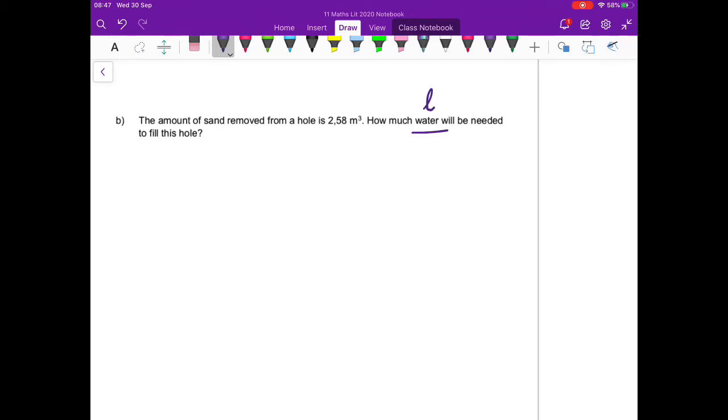Again, I'm going to use 1 centimeter cubed to 1 milliliter equals, I must have centimeters cubed to milliliters. And if I look at my question, I have meters cubed, so I've got 2,58, not centimeters cubed, but meters cubed, and I've got to change it to milliliters.